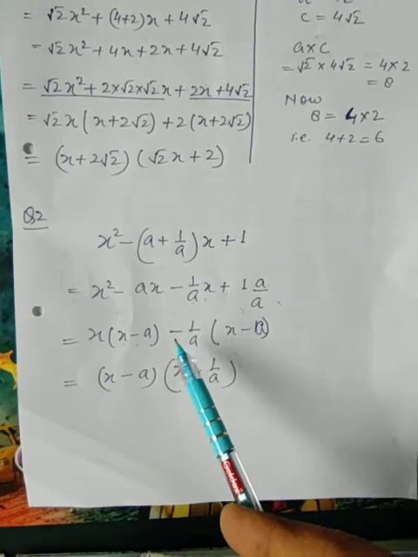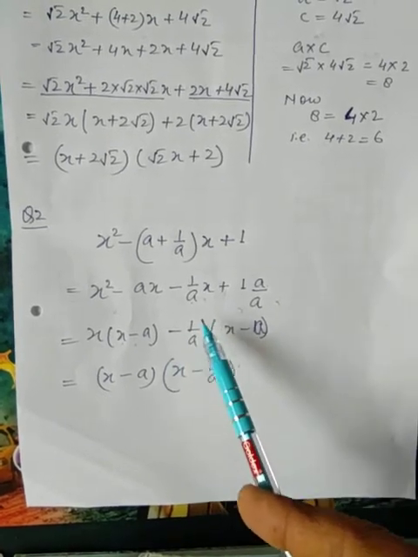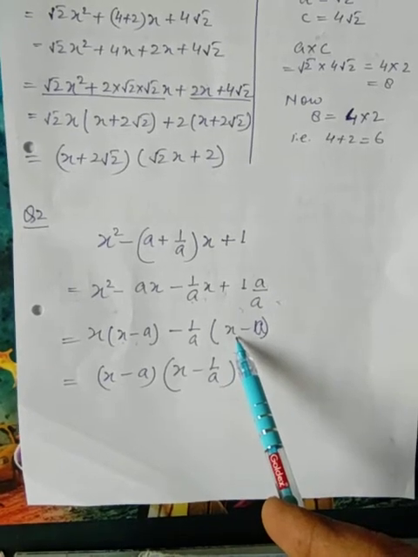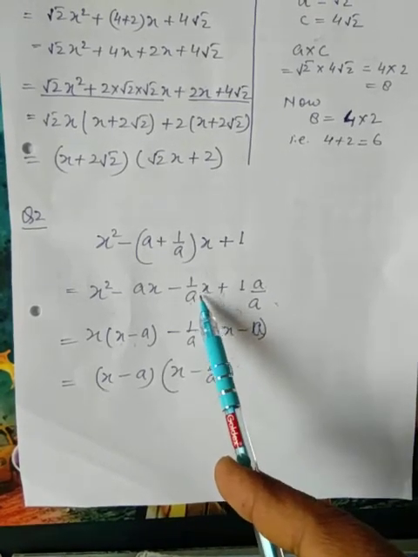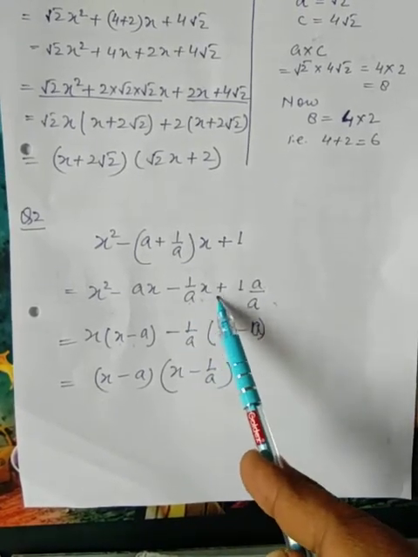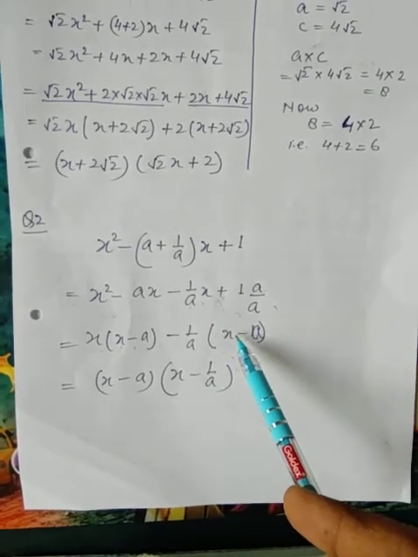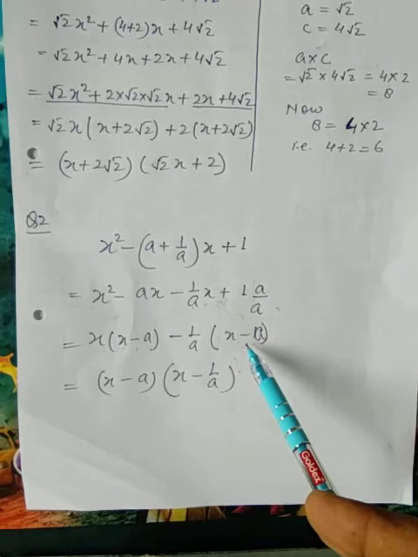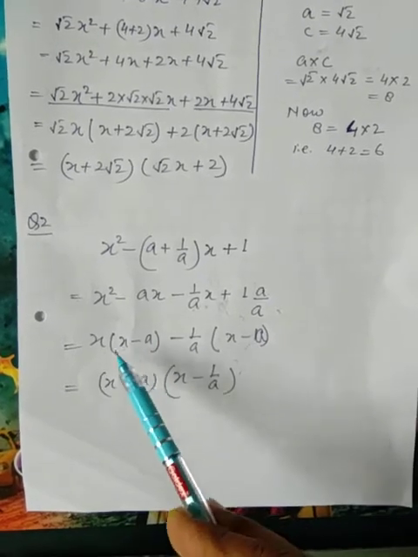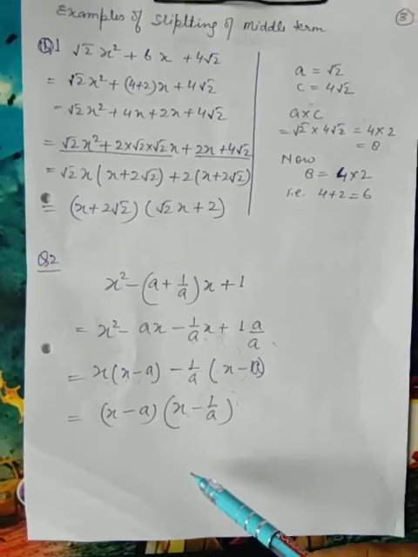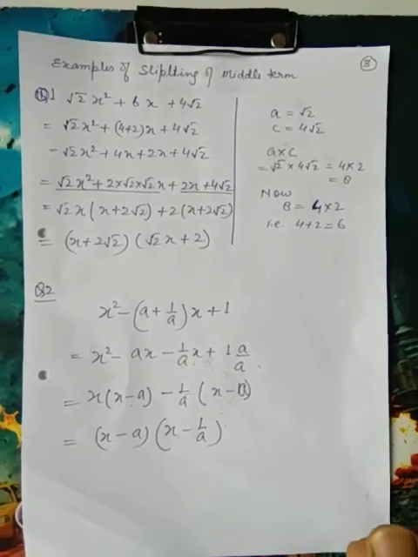And now you have taken the common as minus sign, so all the terms inside will have their sign just opposite. Earlier it was minus, now it is plus, it was plus, so now it is minus. So again taking the common x minus a, the remaining terms are x minus 1 upon a. This is the solution of this question.